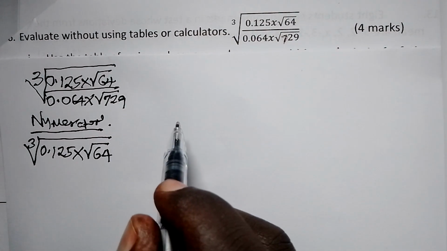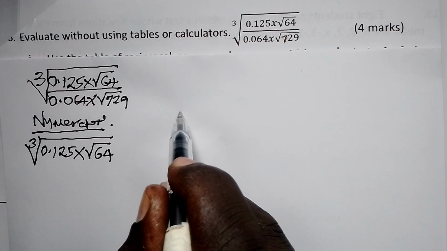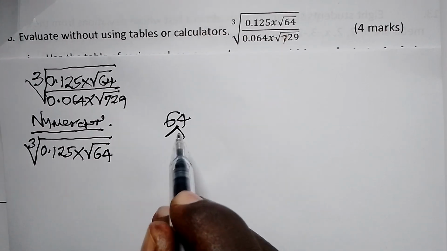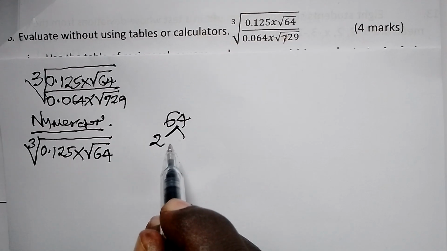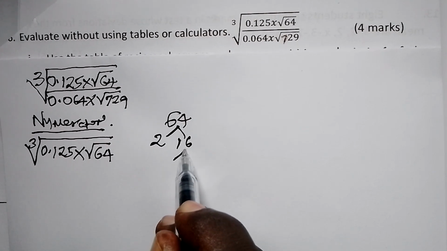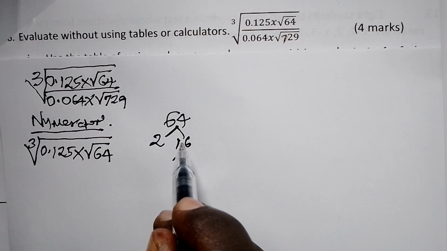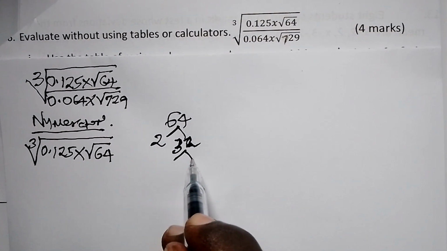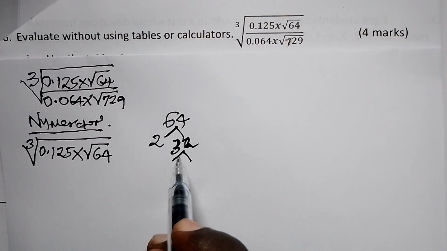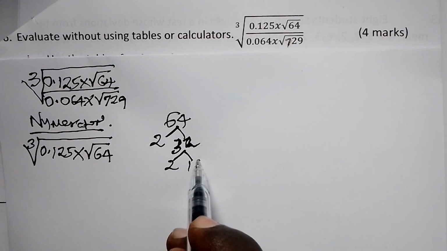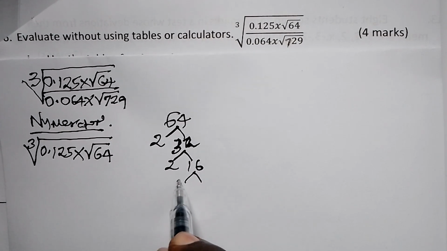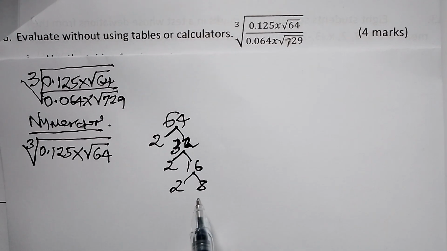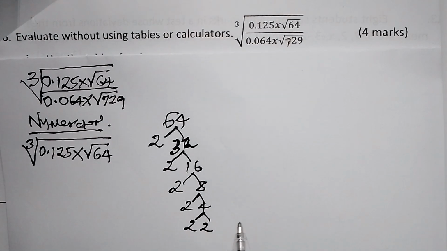Now we are going to write 64 in factor form. 64 in factor form, we are going to get 2 multiplied by 32. 32 will be equivalent to 2 multiplied by 16. 16 will be equivalent to 2 multiplied by 8. 8 will be equivalent to 2 multiplied by 4, and 4 will be equivalent to 2 multiplied by 2.